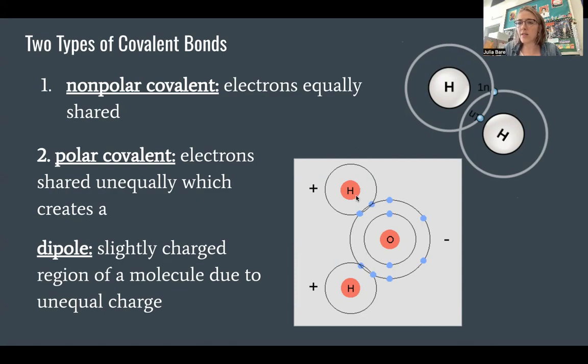So if they're all kind of hanging out with each other, they're friends, oxygen and hydrogens are friends here. Hydrogen doesn't get to hang out with its electrons very often because oxygen is spending all of its time with hydrogen's electrons, right? And this is going to create what we call a dipole. A dipole is a slightly charged region of a molecule due to unequal charge.